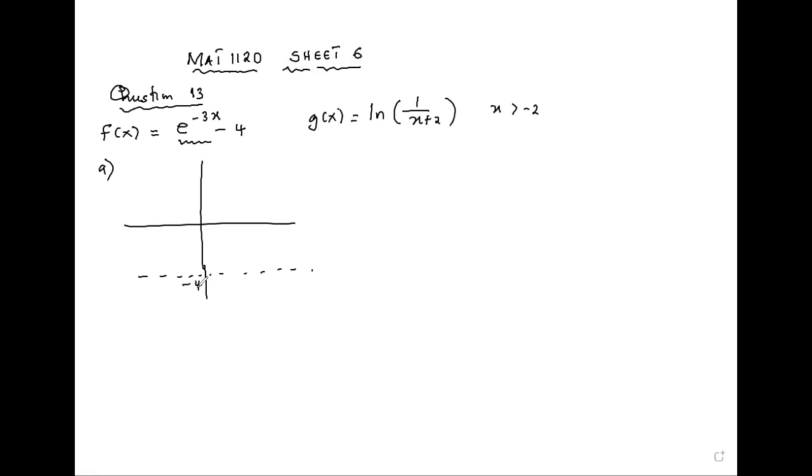And then the graph is going to be up because of the positive base. So it means that the range is going to be from negative 4 to positive infinity. So this is open here.